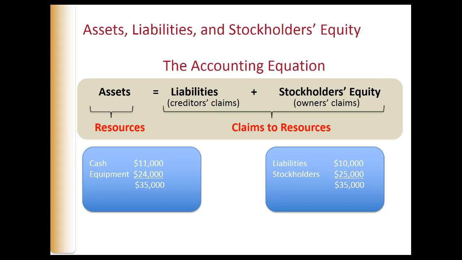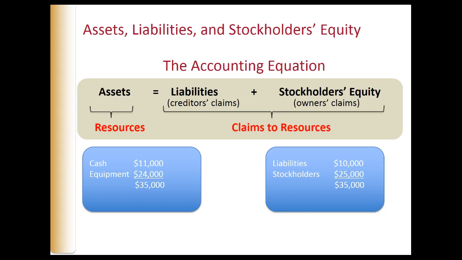Based on our example of the Golf Academy, we know that they borrowed from the bank $10,000, a loan, which is a liability, which means they owe it back. They have to pay that money back. That is a creditor's claim. The bank has a claim on that money in regards to this business.